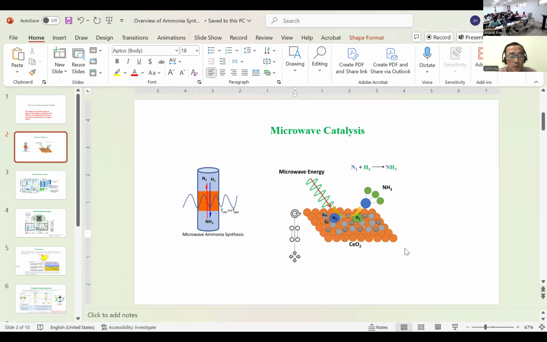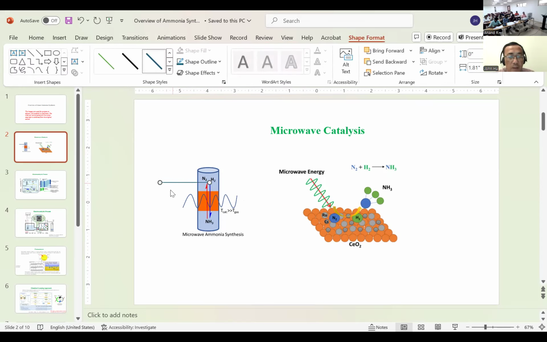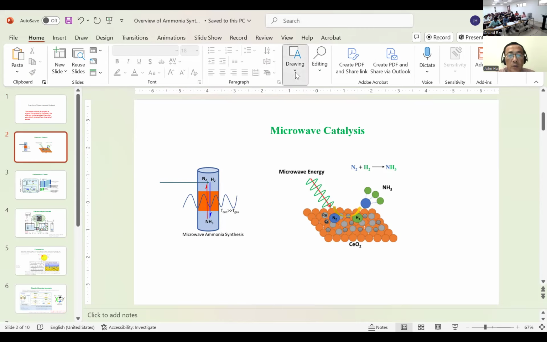If you look at microwave heating, it is basically a transmitter on the left-hand side sending microwaves through a reactor. So it's different from conventional heating. Conventional heating basically goes this way, with temperature. I'm drawing a line here. All right, so if I write it down.